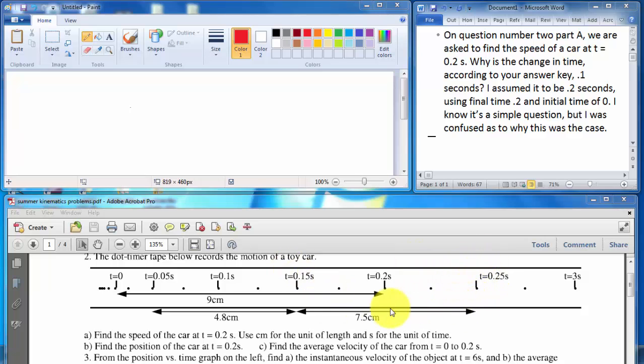And finding the average between these two will land you at the time that's right halfway between them, which is right here, and we're going to estimate that that was how fast the car was going.